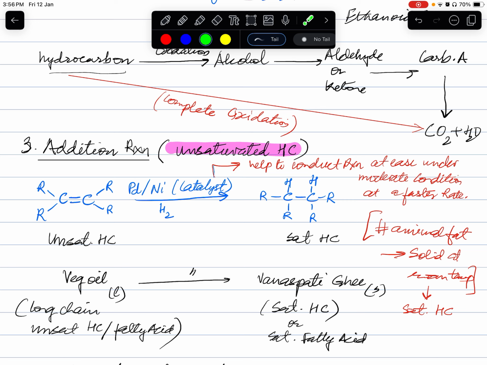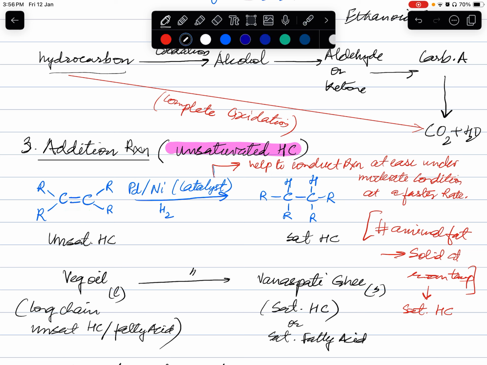So always remember that addition reaction is a characteristic property of unsaturated hydrocarbons. Saturated ones will not undergo this reaction. So here we have taken an unsaturated hydrocarbon which has a double or triple bond, in this case a single double bond.